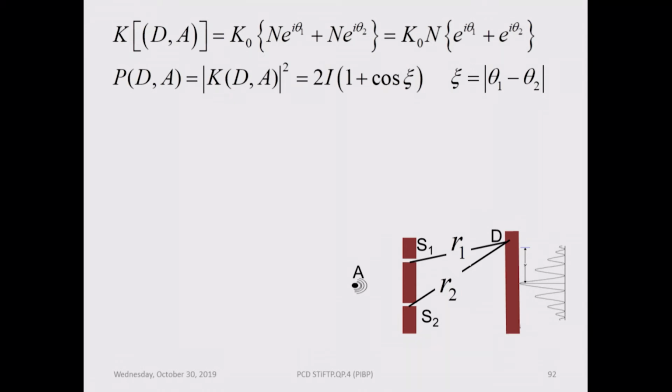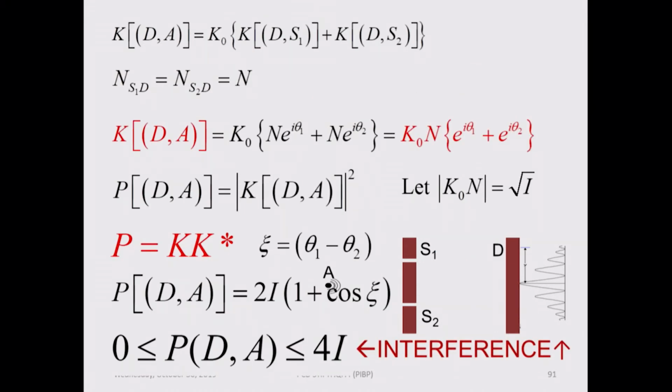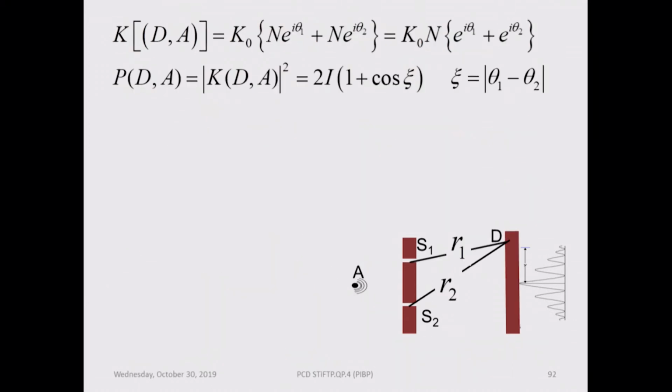So, you have this phase angle xi, it is actually theta 1 minus theta 2, but what you are getting is cosine xi. So, it does not matter whether it is theta 1 minus theta 2 or theta 2 minus theta 1, okay, because cos theta and cos minus theta are the same. So, it does not depend on which is slit 1 and which is slit 2. So, it does not depend on this arbitrary nomenclature. Okay, so, it goes nicely as cosine xi.